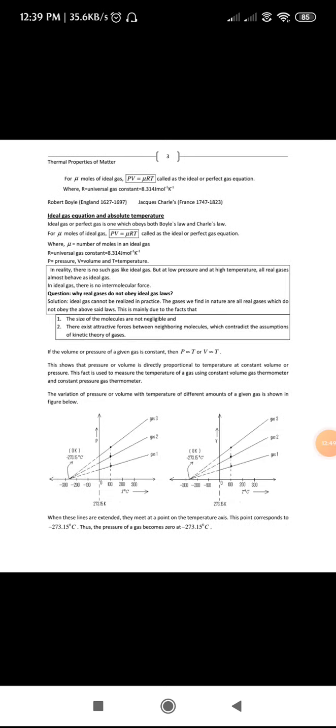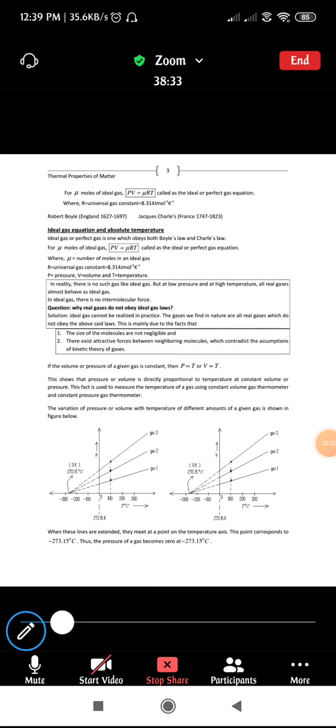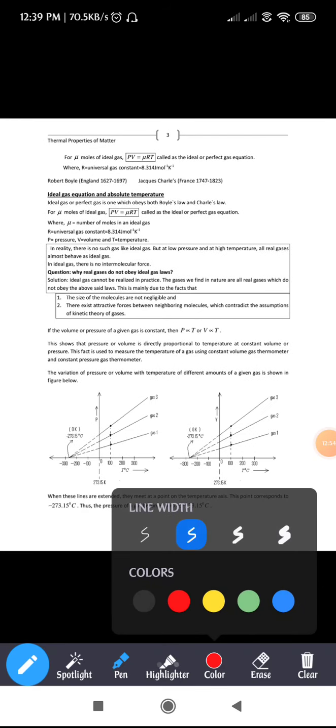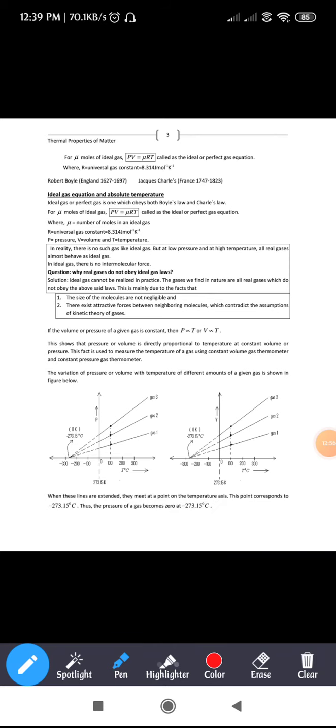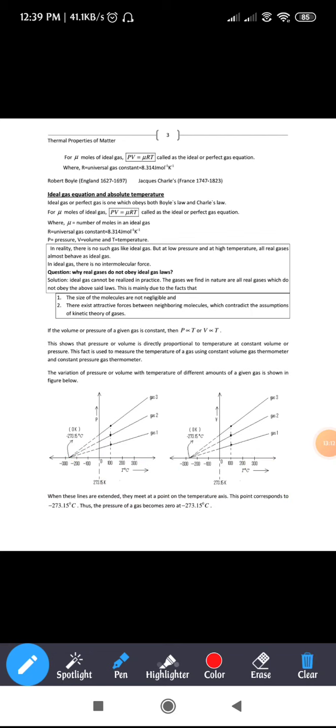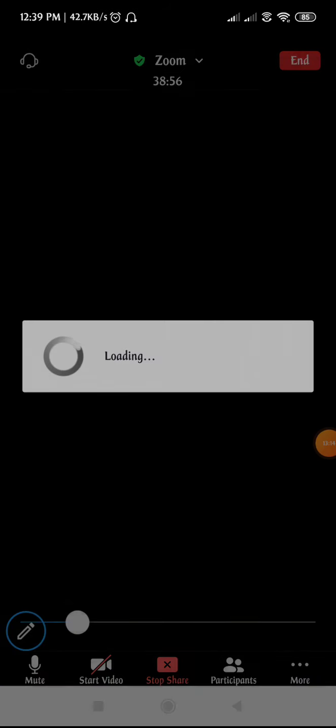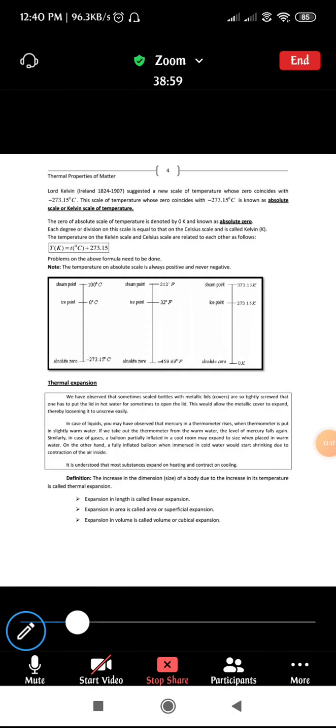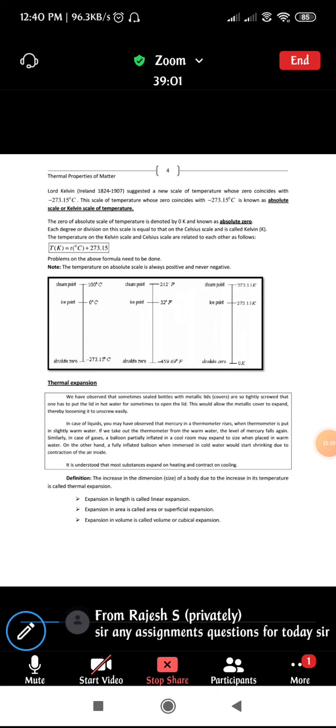What we have plotted is pressure versus temperature, or volume versus temperature, and we have taken the temperature in Celsius, so the absolute zero is minus 273. If you plot the same graph taking temperature in Fahrenheit, the absolute zero comes out to be minus 459.69, so you call minus 459 the absolute zero.